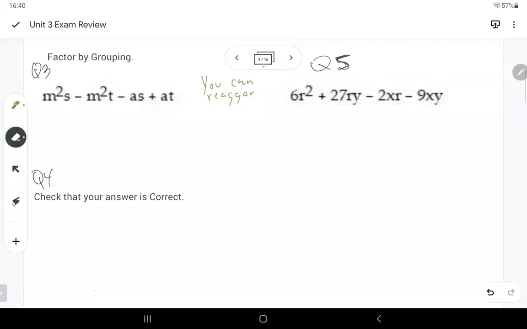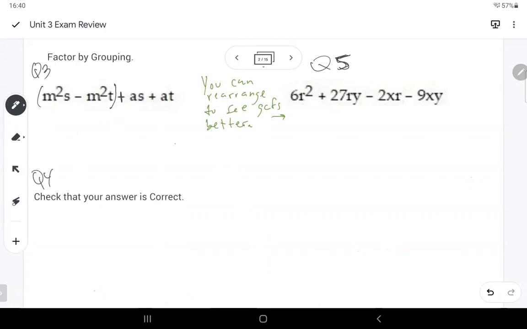Rearrange to see GCFs better. I'm going to rearrange this one. I'm not going to rearrange the other one. So this will be m squared s minus m squared t.